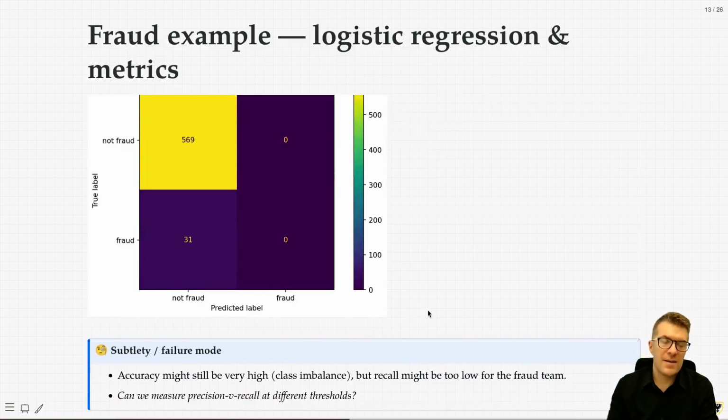If all you're doing is talking about accuracy, which is one of the most noob-ish ways to approach evaluating machine learning models, you can have really high accuracy.